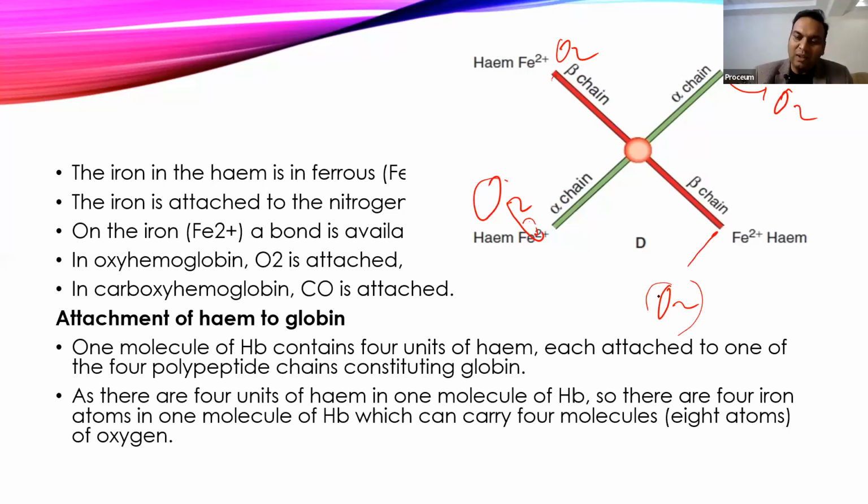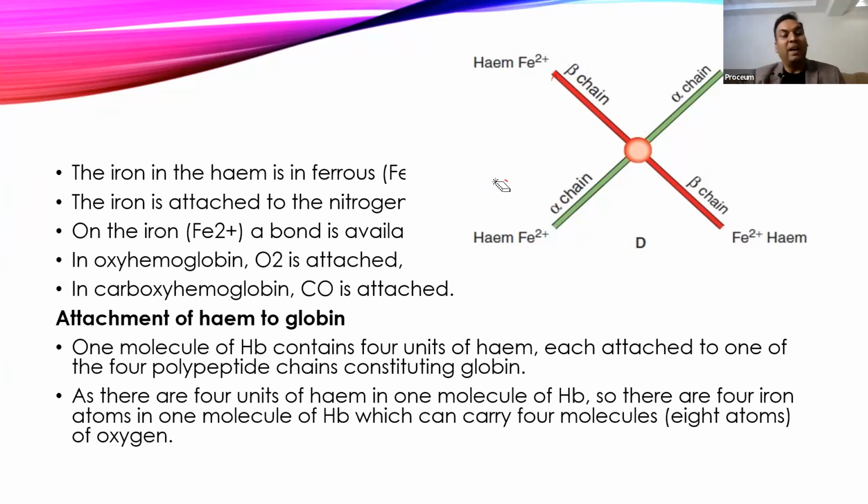Now if one oxygen is removed, the other three lose the affinity for the oxygen. Now they don't have much attraction for the oxygen. Then another oxygen will also be removed. And as the two are removed, the other two will also lose the affinity. Then the third will also be removed. And if 3 chains are removed, then the fourth has very low affinity for the oxygen and loses it. And this mechanism is called unloading of the oxygen.